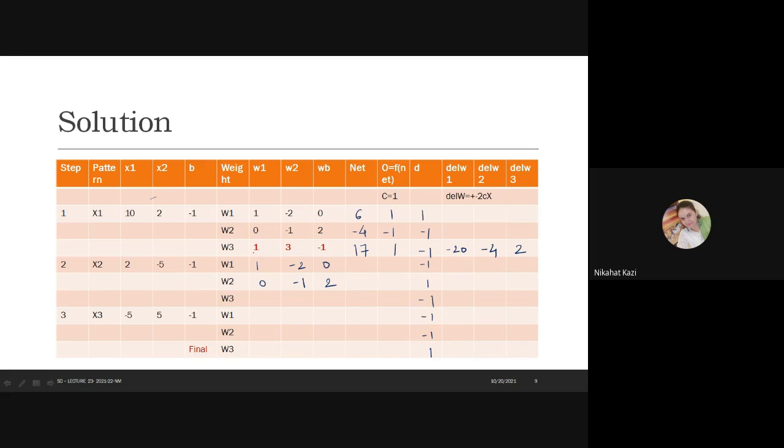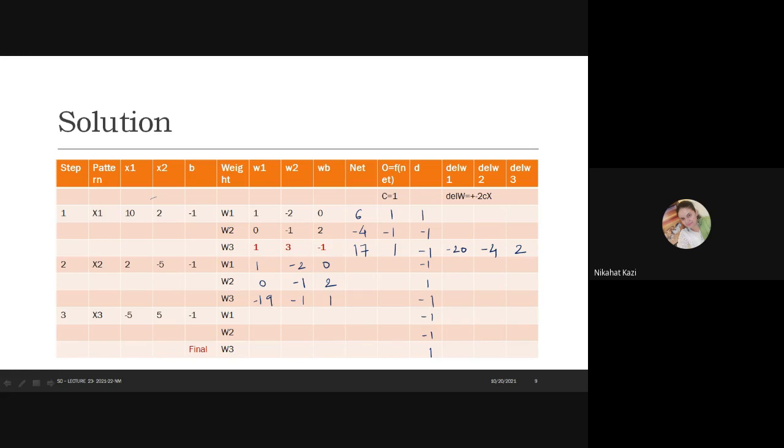So W3 is equal to the old W3 plus delta W3, right? So 1 minus 20, that is minus 19. 3 minus 4, that is minus 1. Minus 1 plus 2, that is 1.